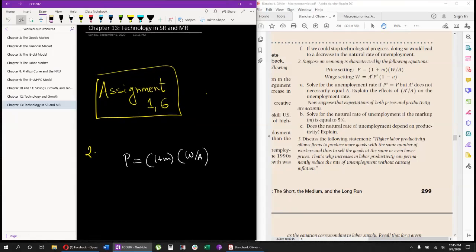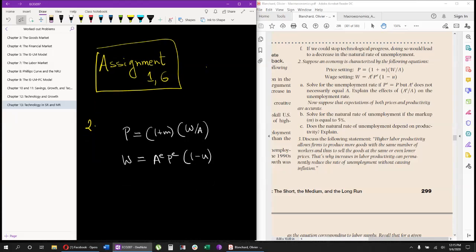And we also have the wage setting relationship, which is P equals AE times 1 minus U. So once again, this is also the relationship we have seen before in chapter 7, and we've modified it by including the productivity or the technology coefficient down here.